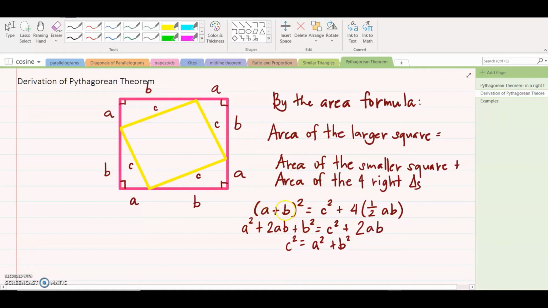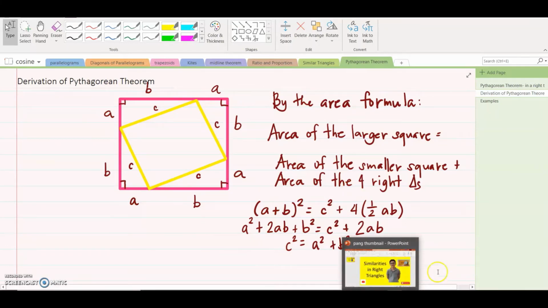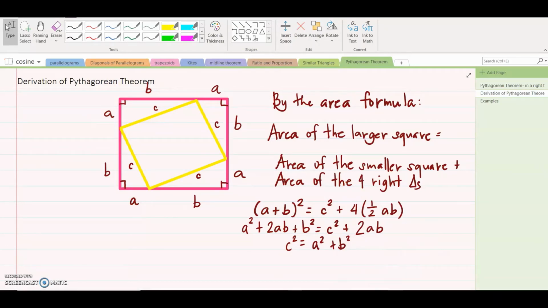We're going to square this binomial a plus b, so you have a squared plus 2ab plus b squared equals c squared plus 4 times 1/2 ab, that becomes 2ab.